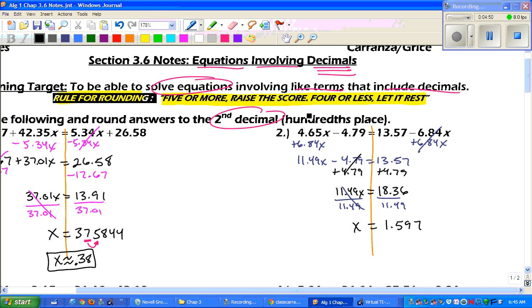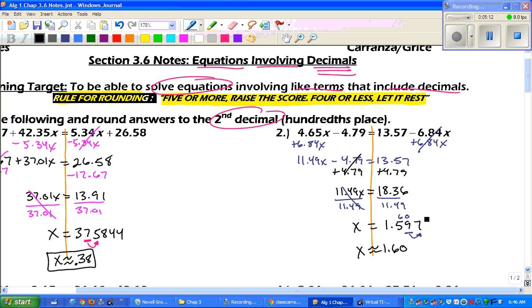1.597. So we have to round this. The 7 says that it's 5 or more, so we can raise the score. So the 9 actually turns to a 10. So this is changing to 1.6.